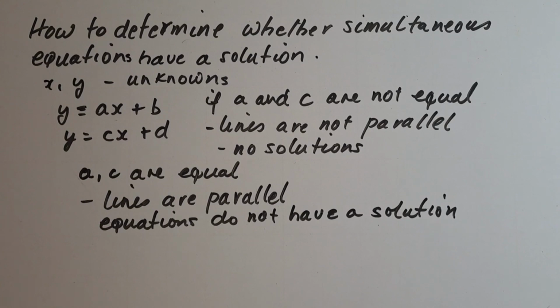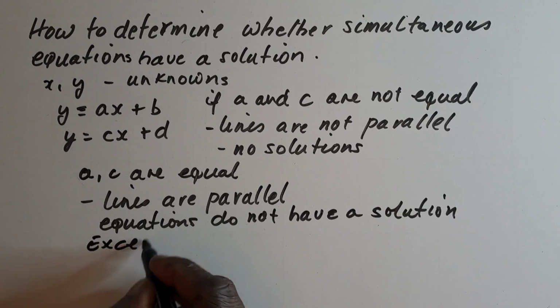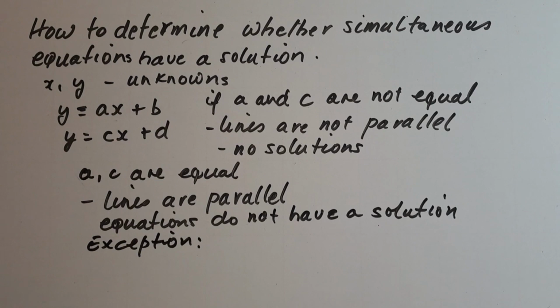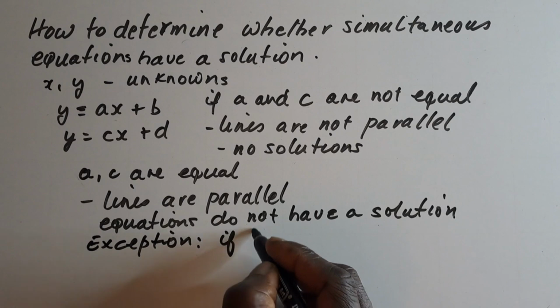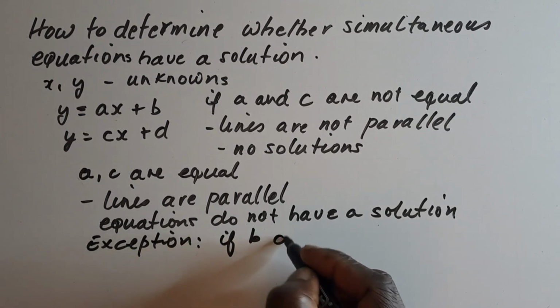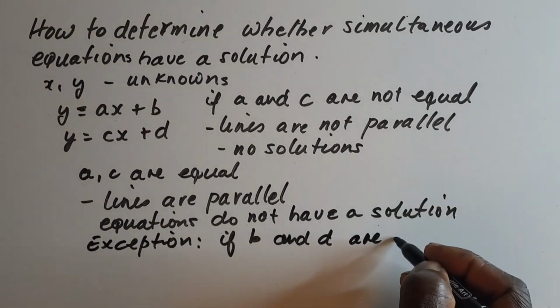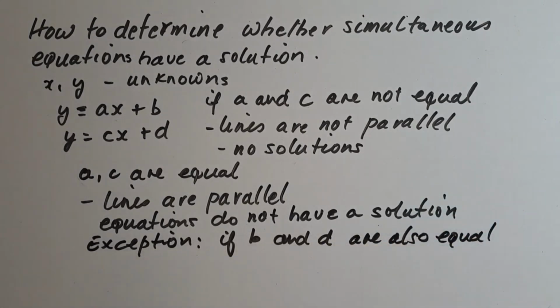But there's an exception to this rule here. And that is if the constants b and d are also equal, then the equations are the same.